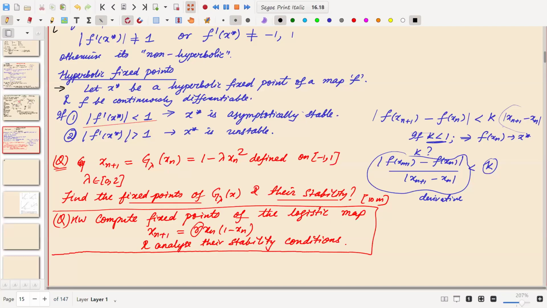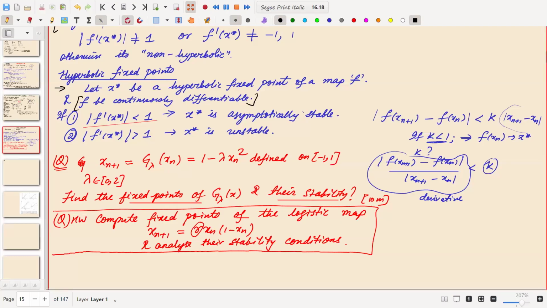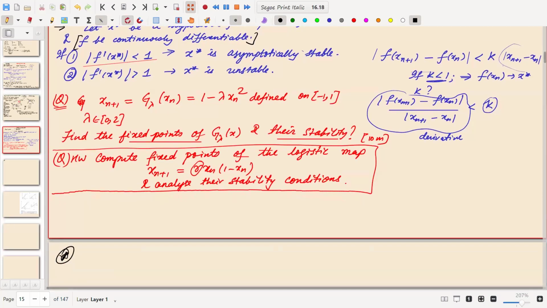Otherwise, you cannot take the derivative. So we make the assumption that f is continuously differentiable. Then if the absolute value of f prime of x star is less than 1, x star is asymptotically stable. And if the absolute value of f prime of x star is greater than 1, then x star is unstable.